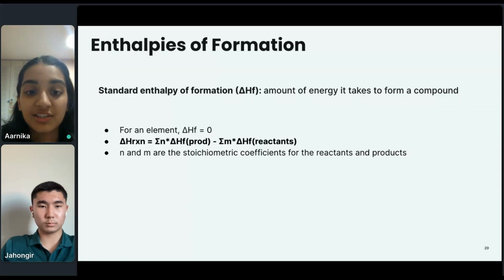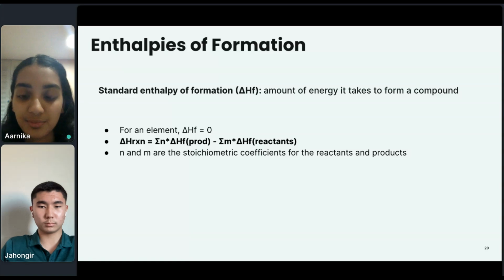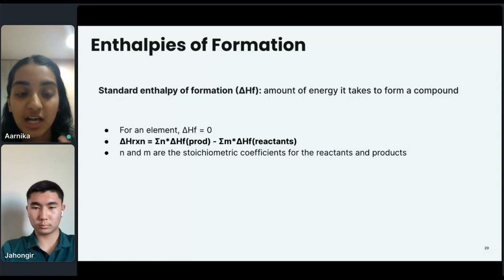So this one is products minus reactants rather than reactants minus products. N and M are the stoichiometric coefficients of the products and the reactants, meaning how many of each you have. And for an element, remember that the delta HF is always 0. This is not given to you. You just have to know that this is always going to be 0.